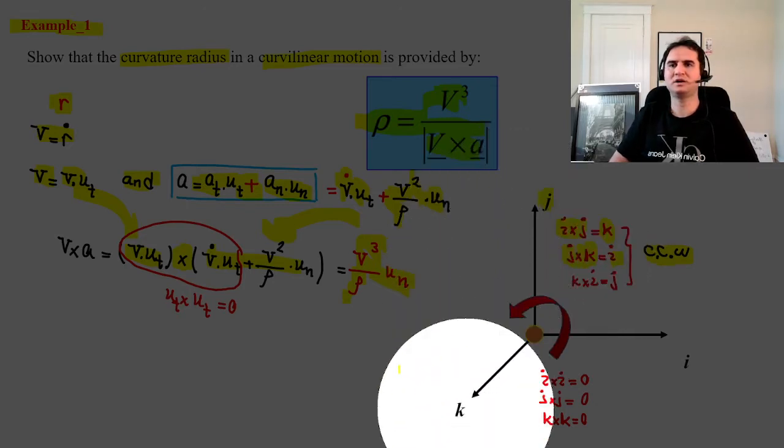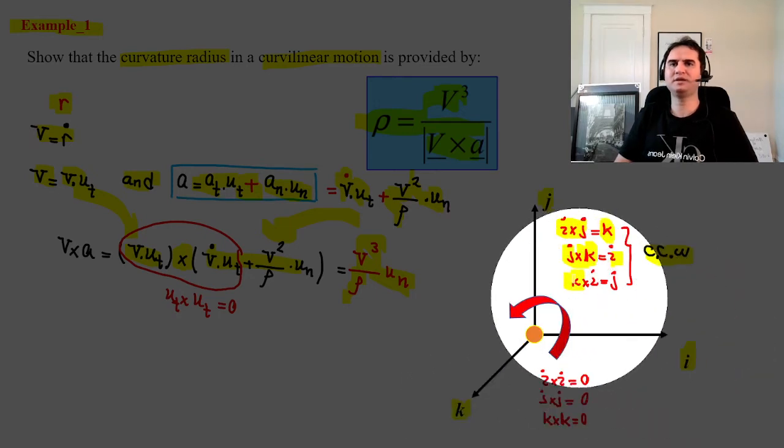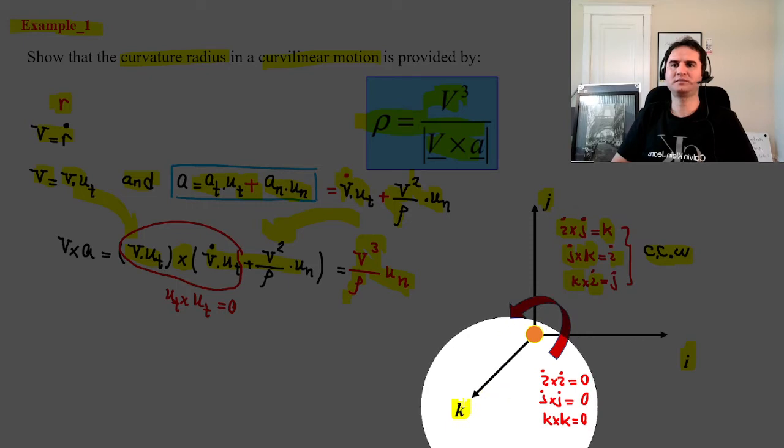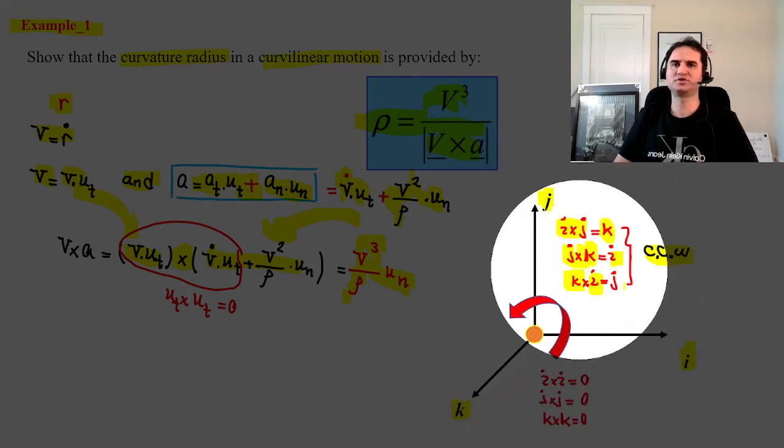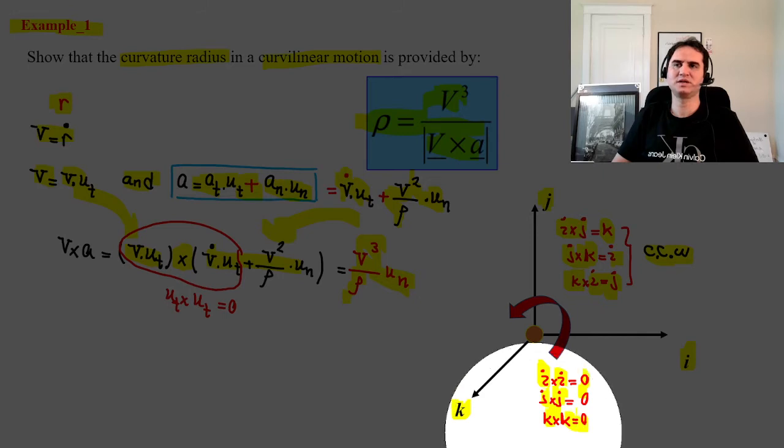And k cross product i gives you j. At the same time, i cross product i goes by 0, j cross product j goes 0, likewise k cross product k goes 0.